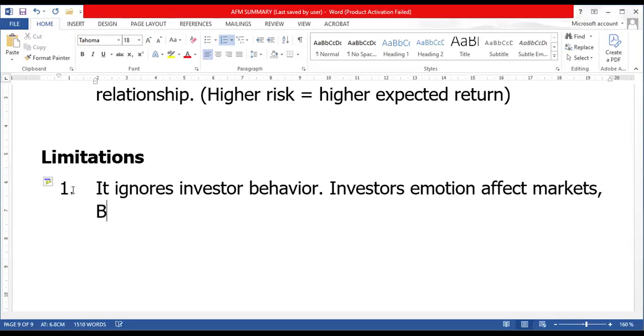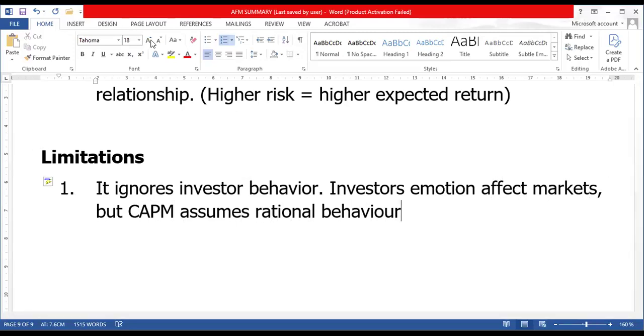But the CAPM assumes rational behavior. You know that some people invest based on how familiar they are with something. Others may be in panic to invest in something.